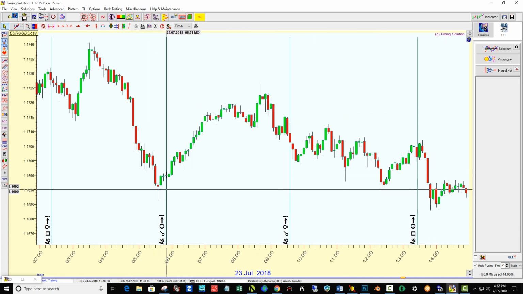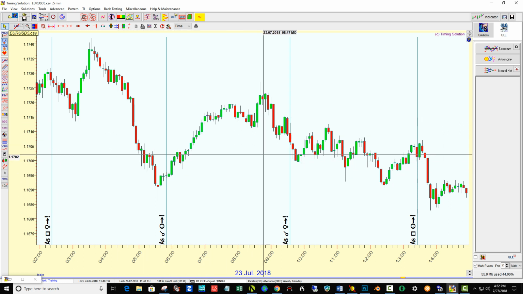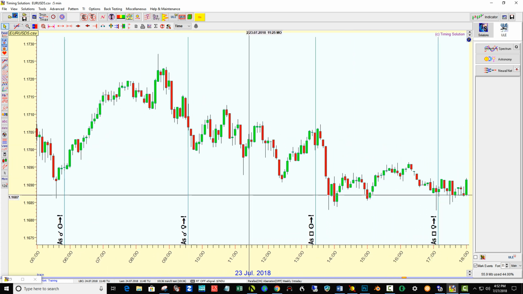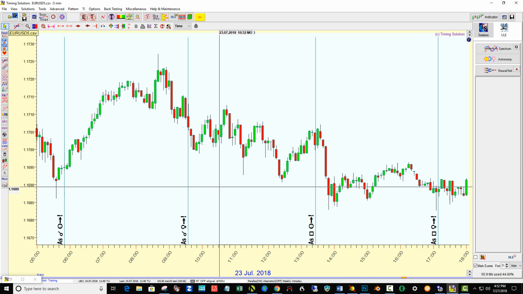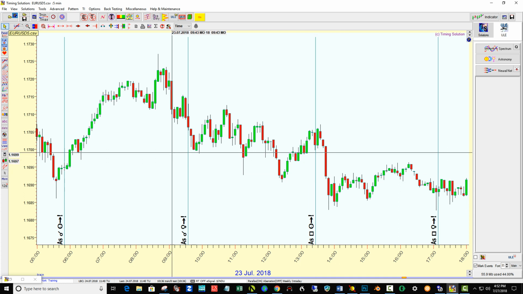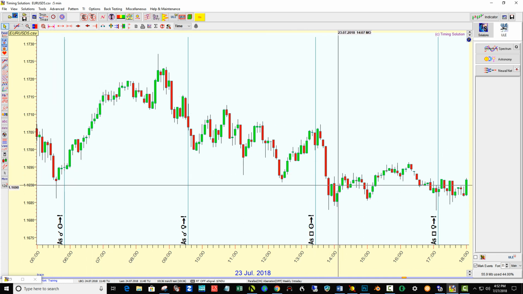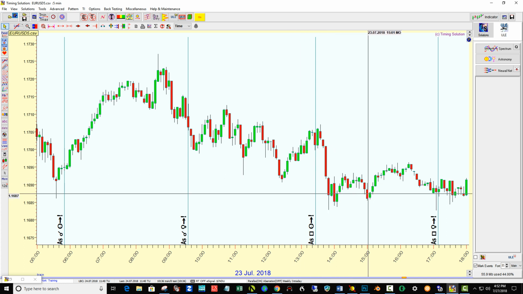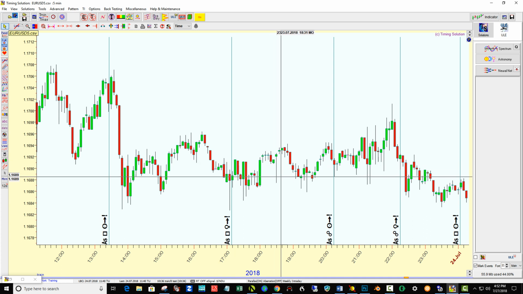At 6 a.m. New York, 7 starts kicking in, along with London. So basically, if you're going to do a 5-minute chart, just look for 5, 10 or 15 pips probably. Know when to get out, close the trade, and that's pretty much it.